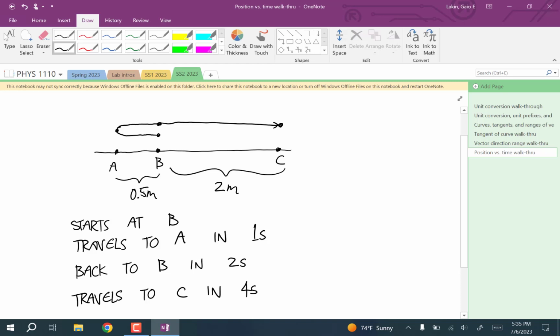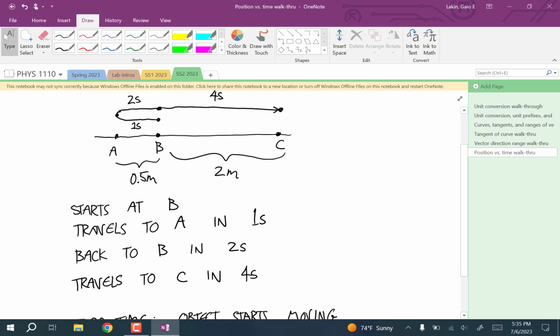No matter what we choose, to get from B to A takes 1 second. So I'm going to write that here. It takes 2 seconds to get from A back to B. And then it takes 4 seconds to get from B to C.